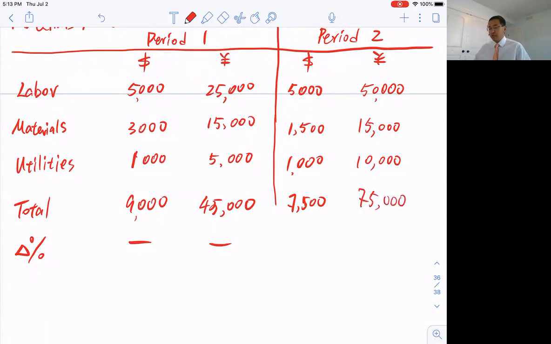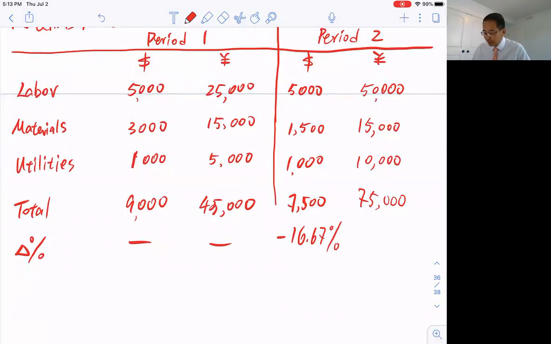Compared to before, the dollar cost went from 9,000 to 7,500, and if you do the math, that is a decrease, so negative 16.67% change in dollar denominated cost.